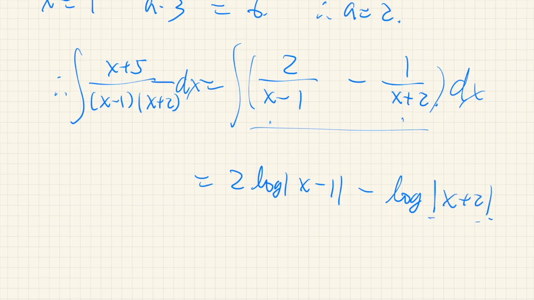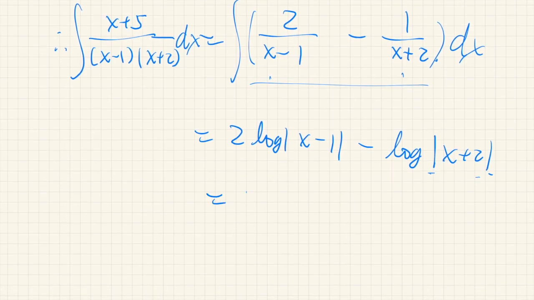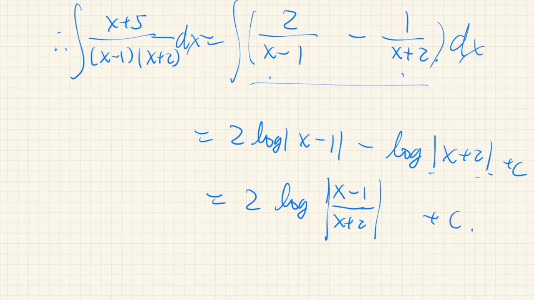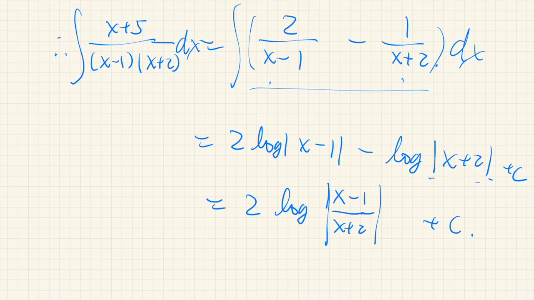Of course, you can put them together as log of x minus 1 over x plus 2, all in absolute value. And don't forget the constant. And that's it. As we remarked earlier, the integral of a rational function may not be a rational function. Indeed, in this case, it's a logarithmic function.